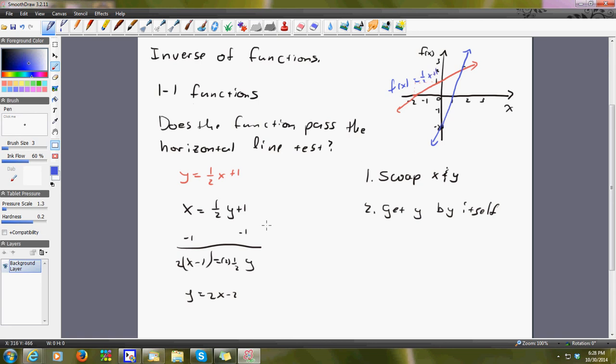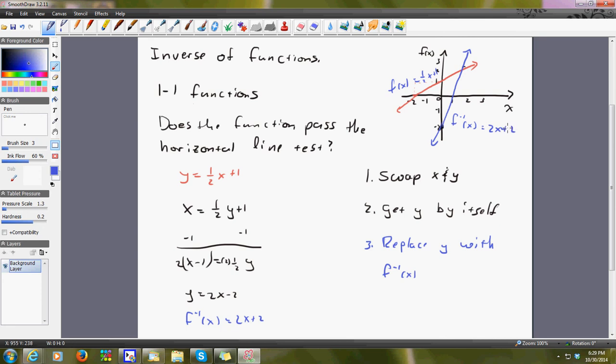Step 3, replace y with f inverse of x. When I do that, I get f inverse of x equals 2x minus 2.